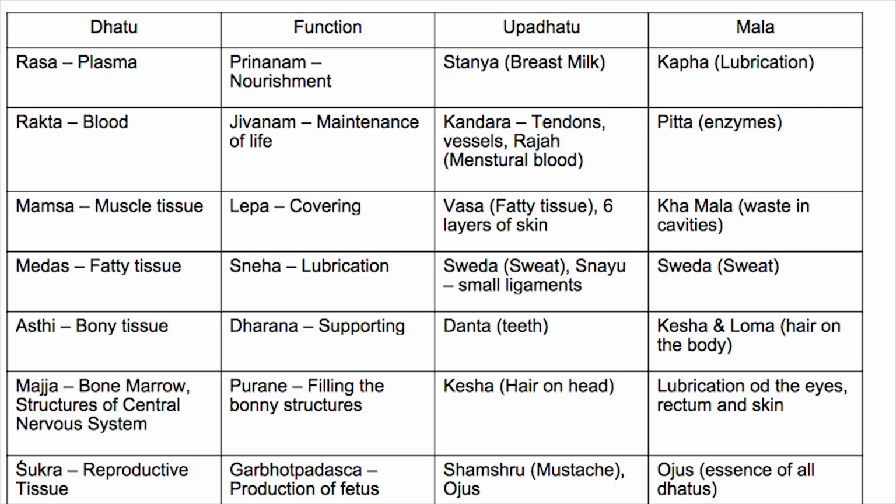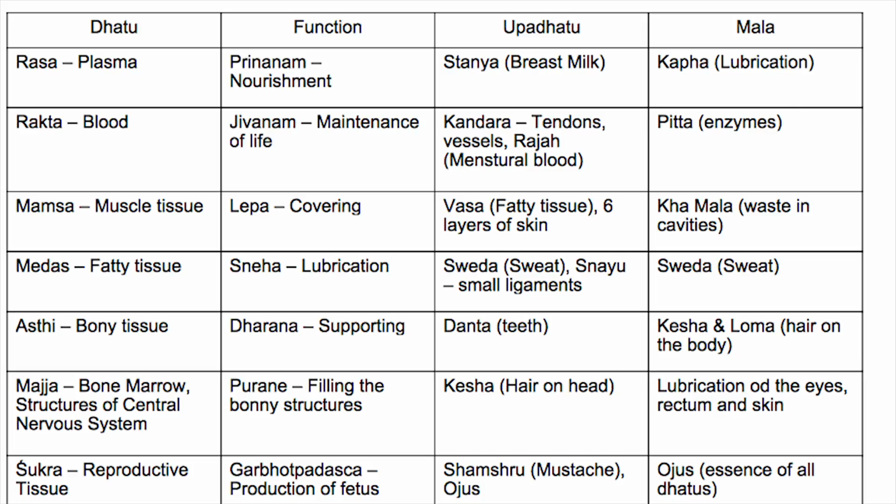So we've gone from rasa, which is circulating, rakta, which is circulating, mamsa, which covers the external structure, then medus, which is located in between these, then asti, which is the bone, which is even more to the core of the body, and then the majja, which is located within the bones.